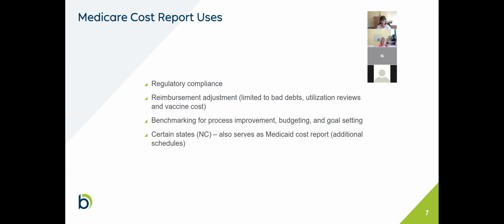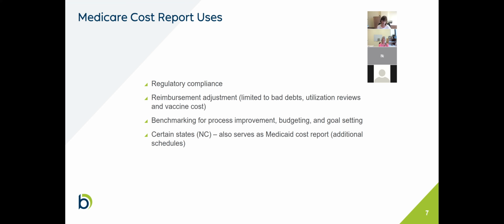And we actually shared some benchmarks with you before this meeting, and some of those benchmarks were based on Medicare cost reports. It gives you a great opportunity to benchmark yourself against your peers, see how people do in certain areas, and whether you have opportunity to improve your performance, get better reimbursement, better control cost, or maybe some other areas of operations.